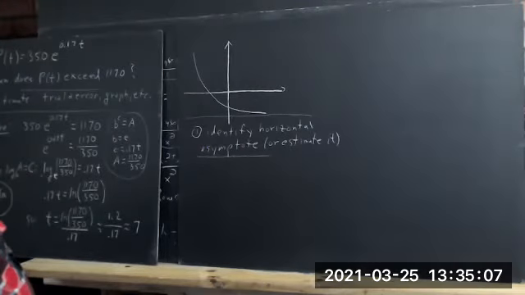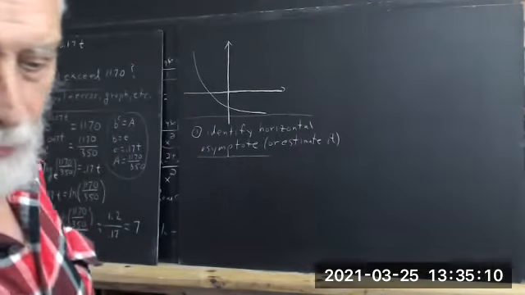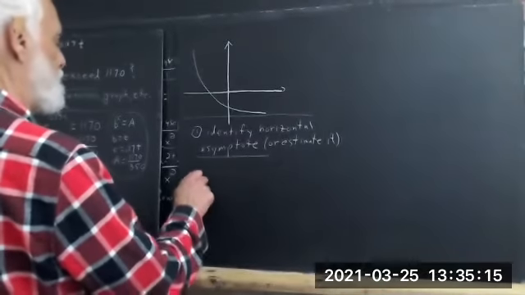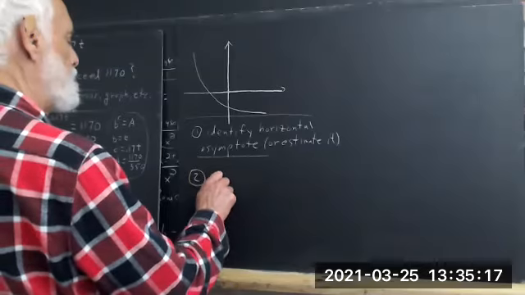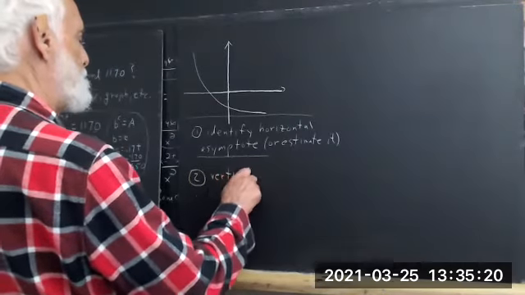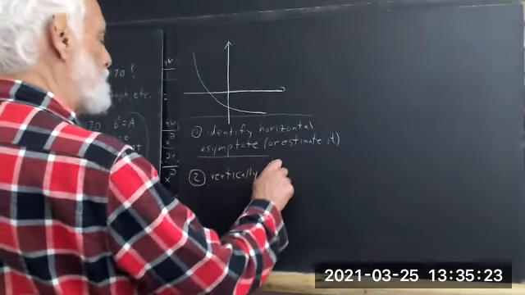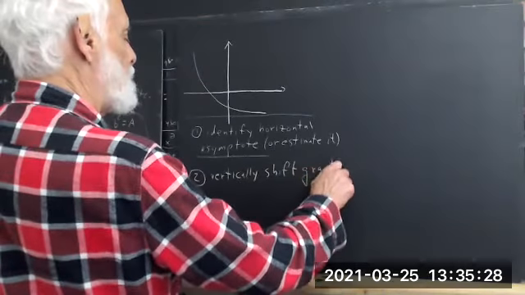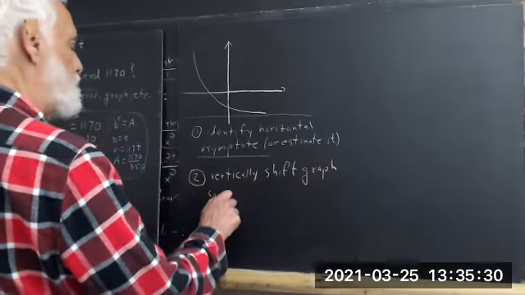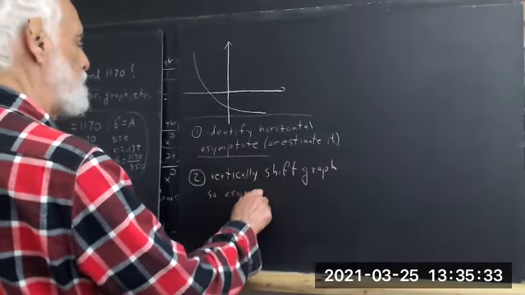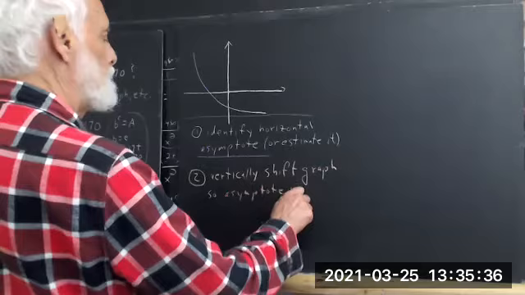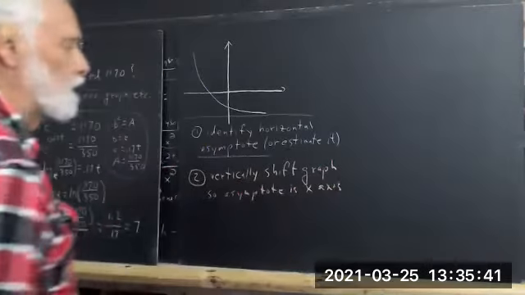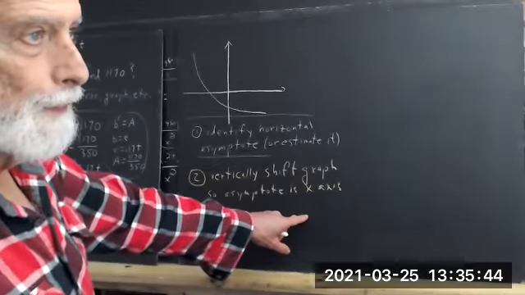Then step 2, which I'll put in color here, you want to vertically shift the graph so the asymptote is the x-axis.